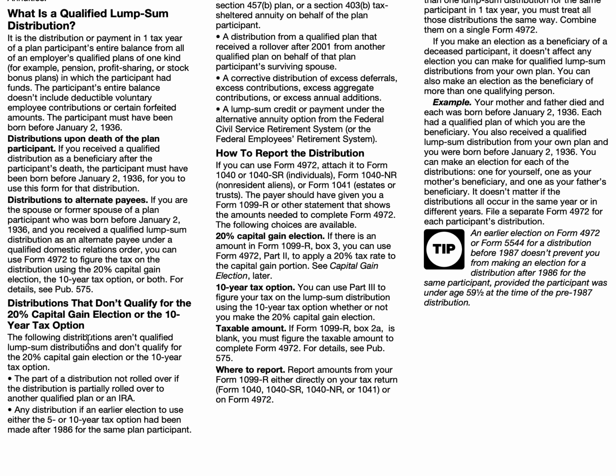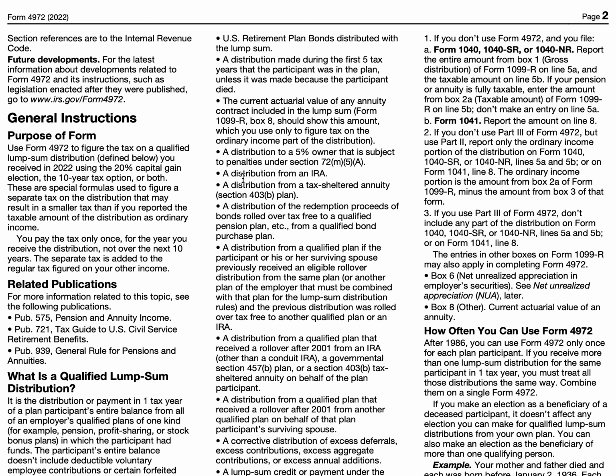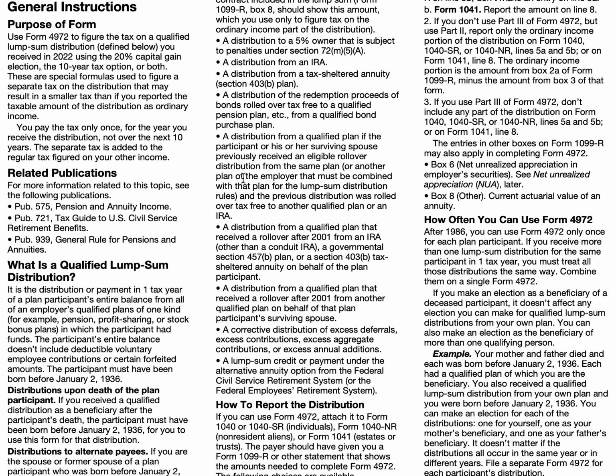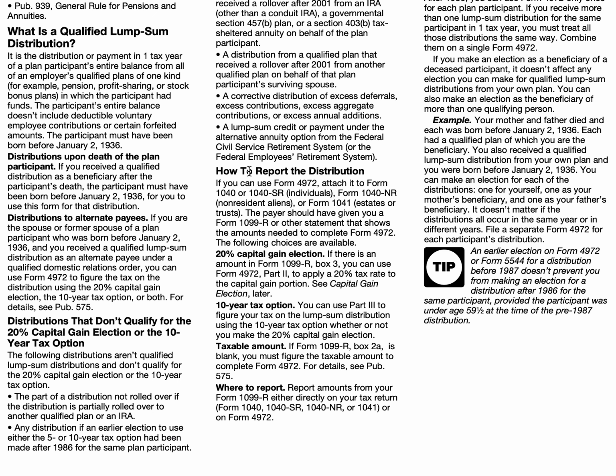So that includes everything that's in here. A lot of distributions from an IRA, for example, tax-sheltered annuities, actuarial value of any annuity contract included in the lump sum, retirement plan bonds. So a lot of nuances here, so we won't cover them in this video. Just know that you should double check in your form instructions to make sure that all of your distributions are qualified if that's how you want to treat them.